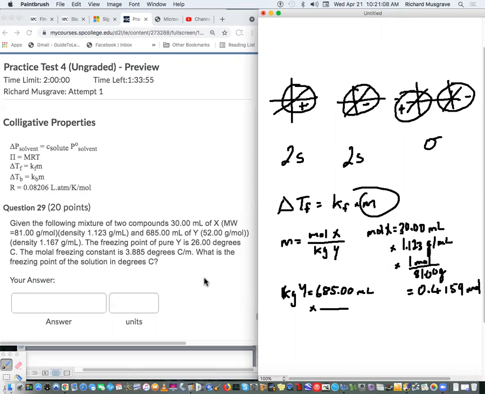We just have to multiply by the density to get the mass, which is 1.167 grams per mL. As you can see, the grams will be left at the end, the mL will cancel. That's how I know not to flip it. Then that's times 1 kilogram over 1,000 grams. You only need to flip it if you're looking for volume. In this case, you're looking for mass.